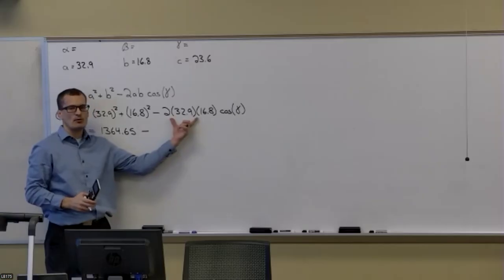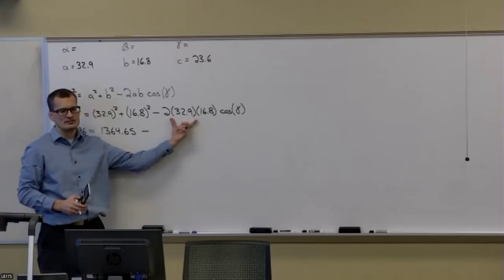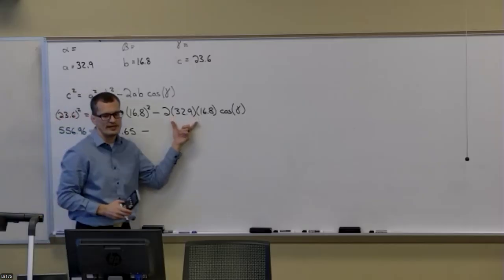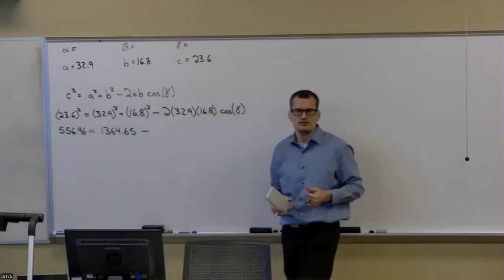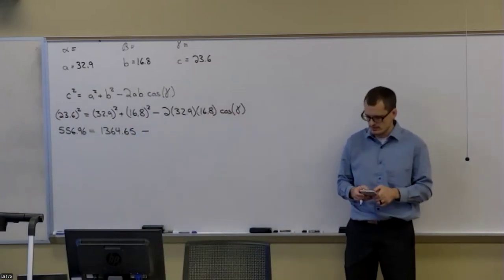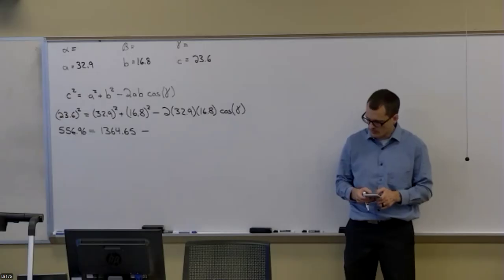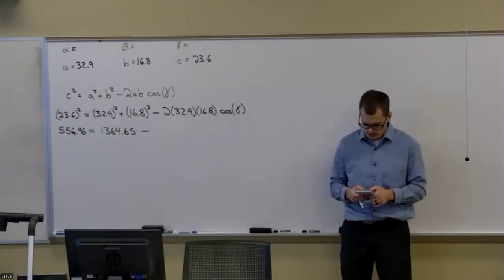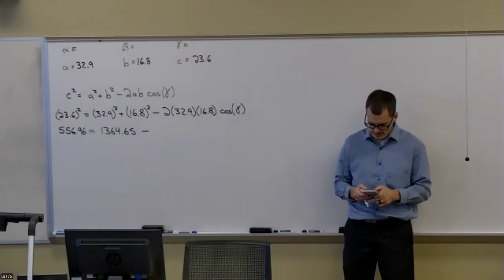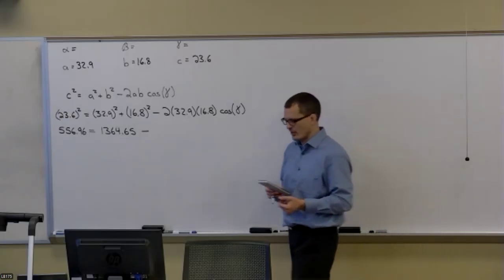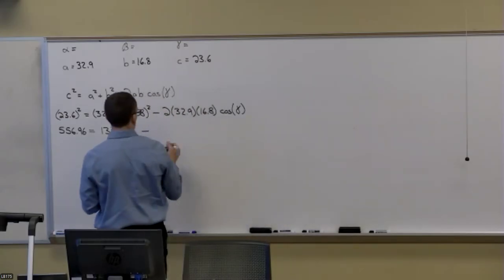And then this whole thing, 2 times 32.9 times 16.8, that's just the coefficient of cosine. So 2 times 32.9 times 16.8, that's 1105.44.